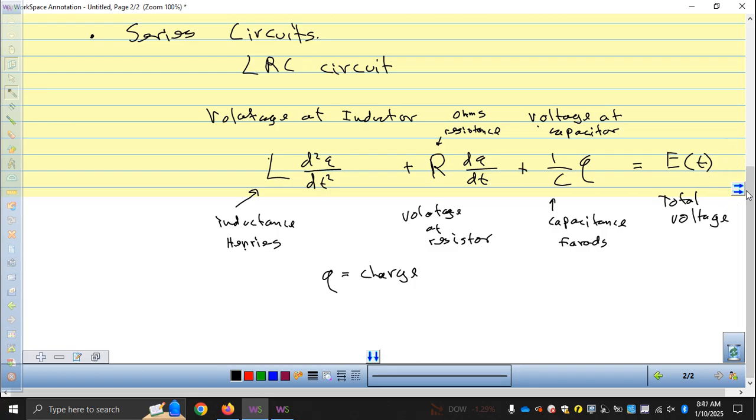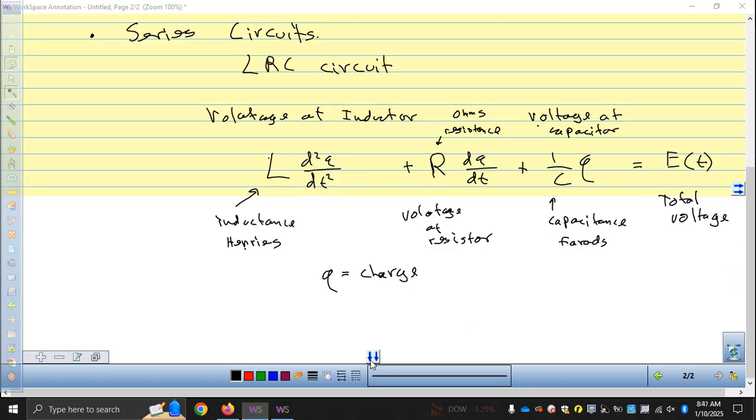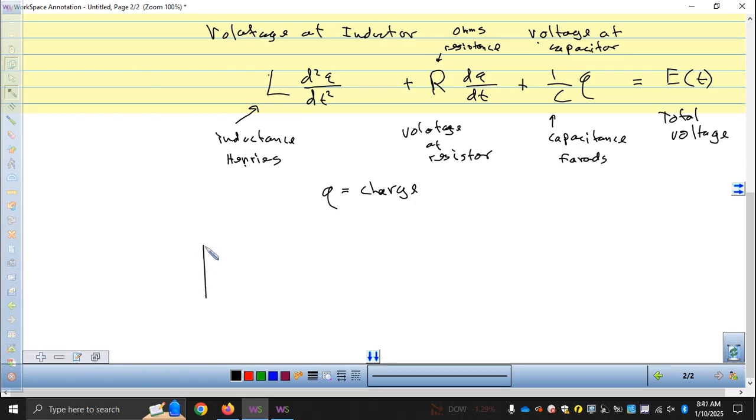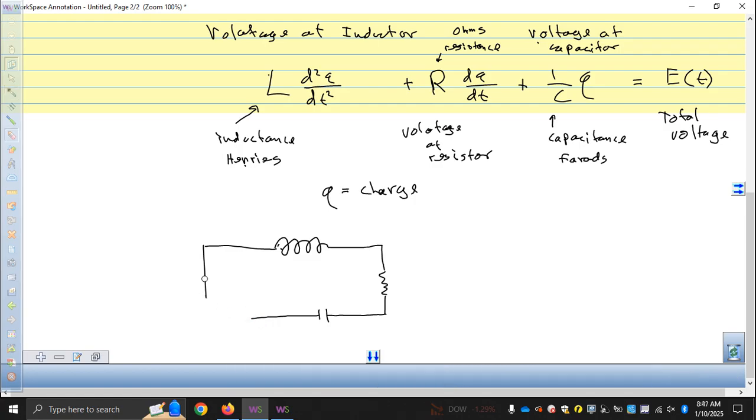And if we draw a picture of these circuits, a lot of times you have a picture of them. They look like this. It's just E of t.